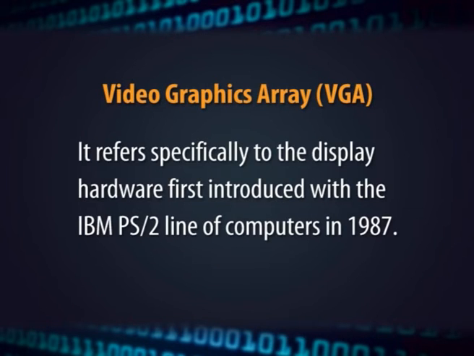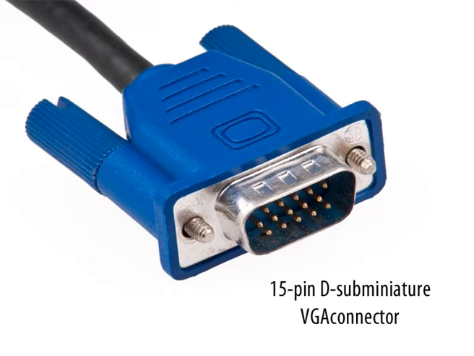Video Graphics Array VGA refers specifically to the display hardware first introduced with IBM PS2 line of computers in 1987. It used a 15-pin D subminiature VGA connector, which is in use even today in our laptops and desktops.